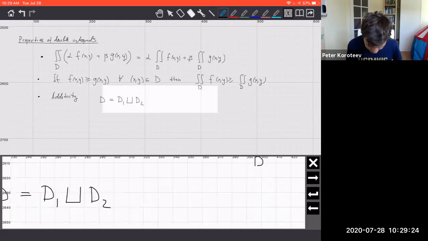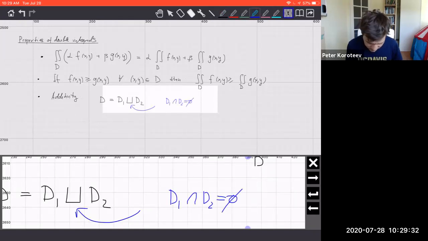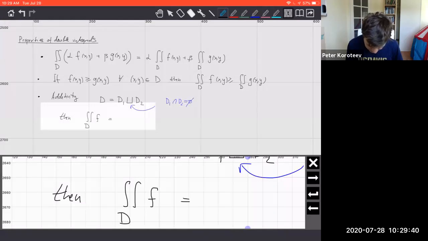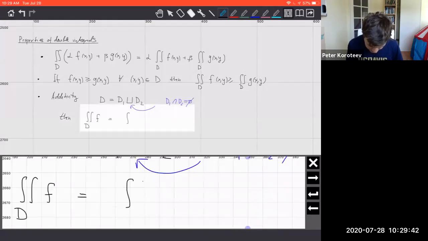The symbol here means that D1 and D2 do not intersect. Otherwise, it's not going to be true. Then the integral over D of f is equal to the sum of integrals over D1 and D2.